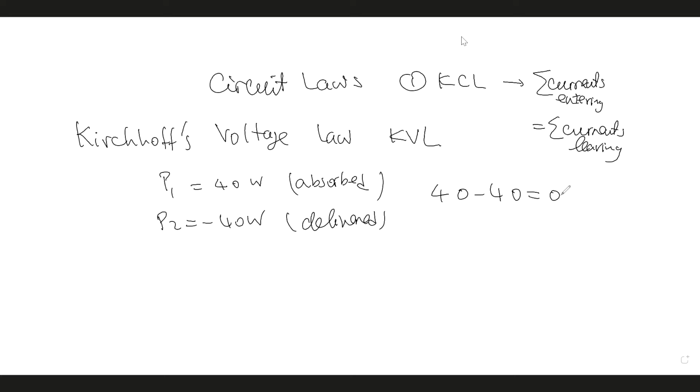However, if you want to say absorbed equal to delivered, we just say 40 absorbed equal to 40 delivered. Anytime you write an algebraic equation, if you put all the elements on one side, you have to follow the plus minus sign.